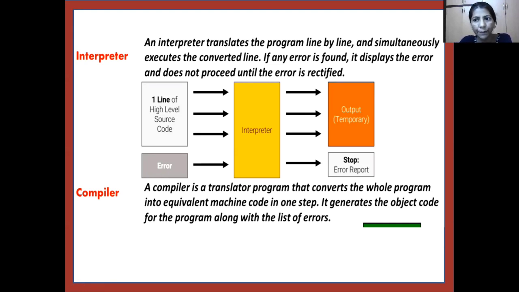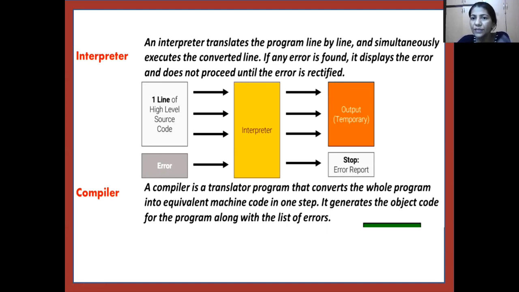Interpreter and compiler, both are language translators. These softwares translate our language into machine language so that the computer can understand our language. Fine, but there is a big difference in the working of both translators. The interpreter translates line by line.